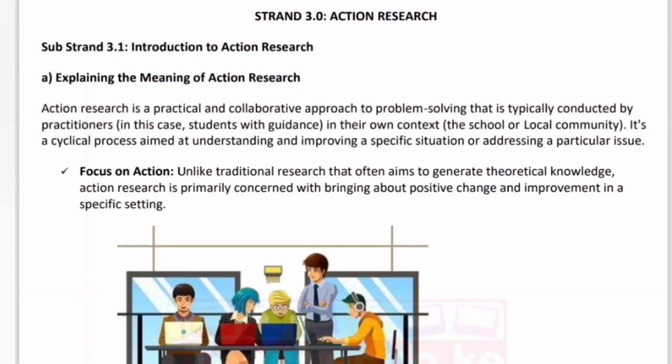And in the school community here, we're talking about teachers or leaders. So it includes reflection, whereby critical thinking about your practices and project outcomes. Key characteristic of action research, it is a practical learning. Basically, it aims to learn by doing to make things better.